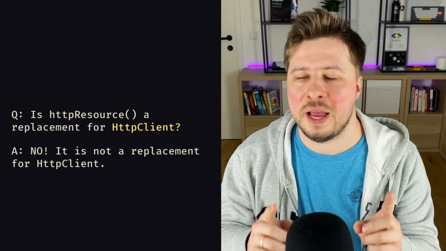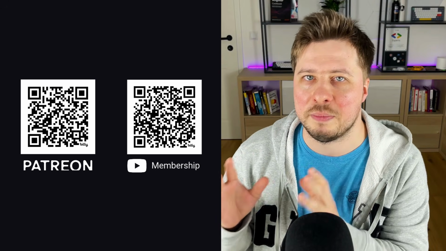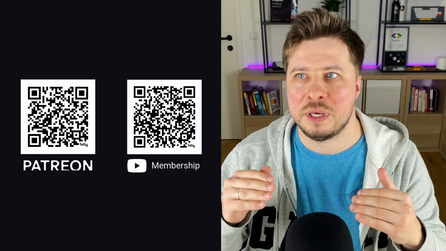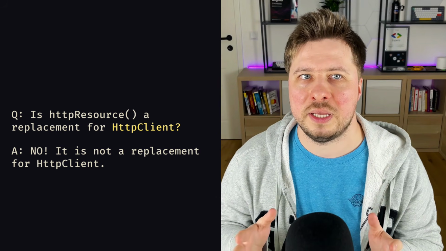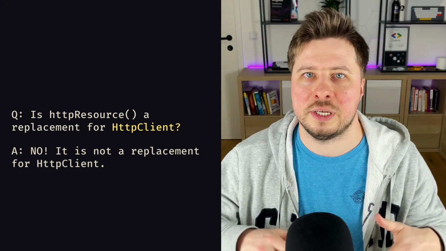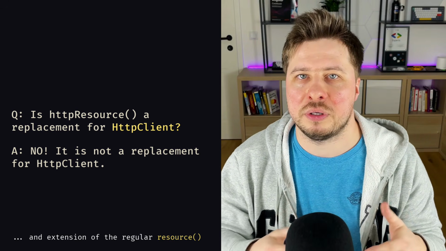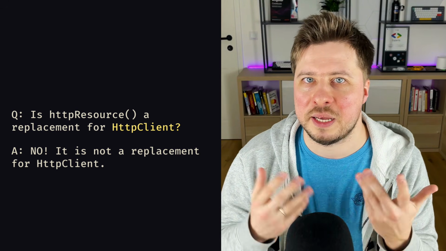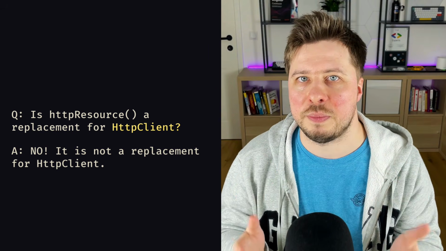And I will have a separate video that will be available exclusively for the channel members. And there I will be breaking down the source code of the HTTP resource. And there you will see that HTTP resource is just an abstraction around the HTTP client. And this abstraction exposes the signal-based API in order to read and manipulate the state of the HTTP resource.